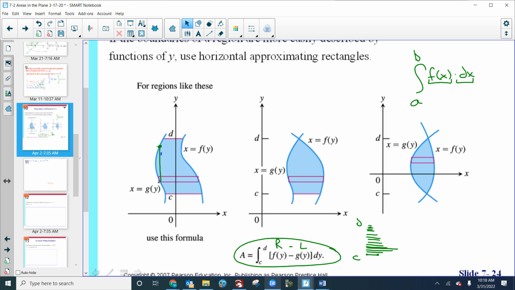I think that worked out to be, were they reversed? No, that should be. Wasn't it cube root of x minus square root of x? And then the bounds were easy because the intersection points, the x's and y's were the same on both.